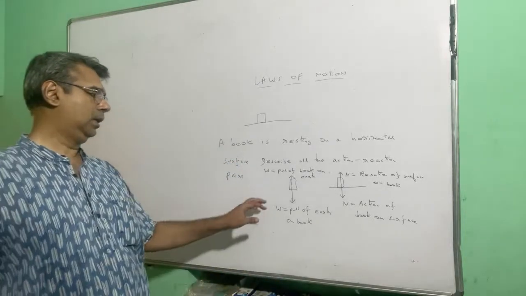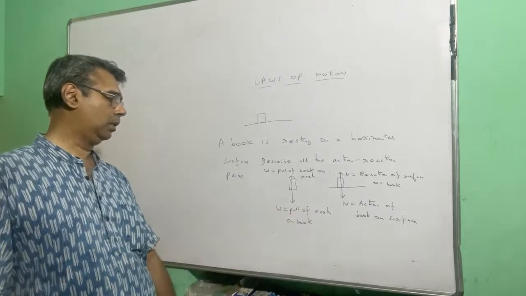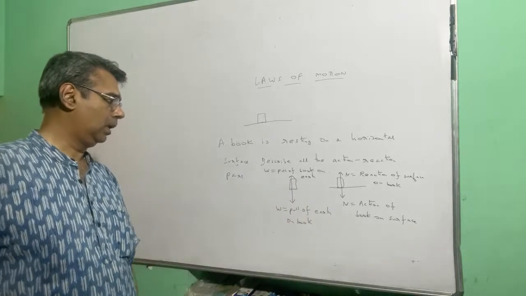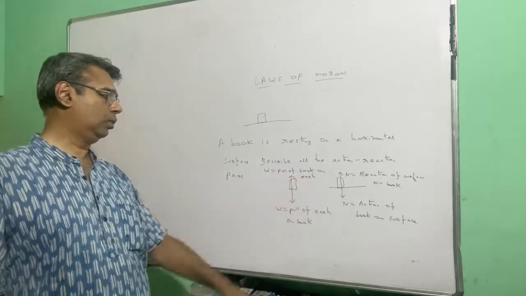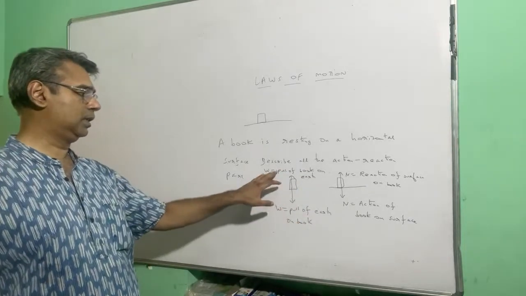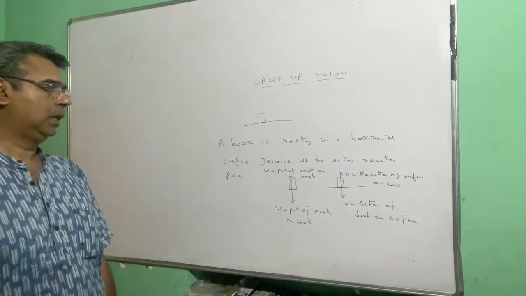So like I said, this W is the pull of the earth on the book, and equal and opposite to that, this W is the pull of the book on the earth. These two are equal and opposite.